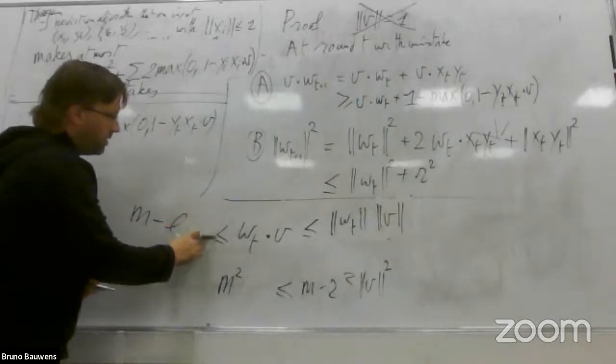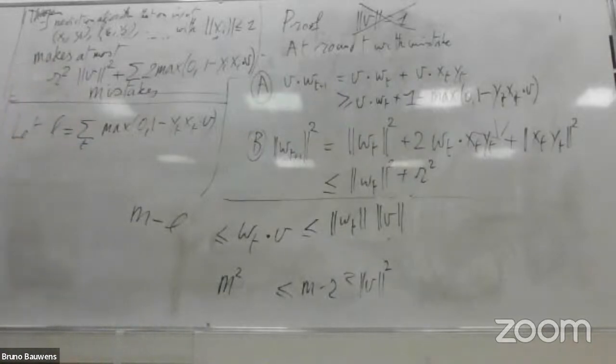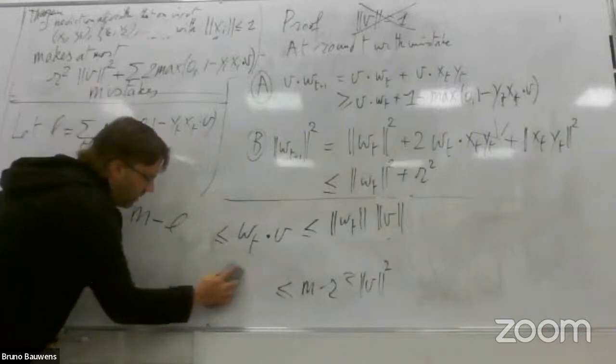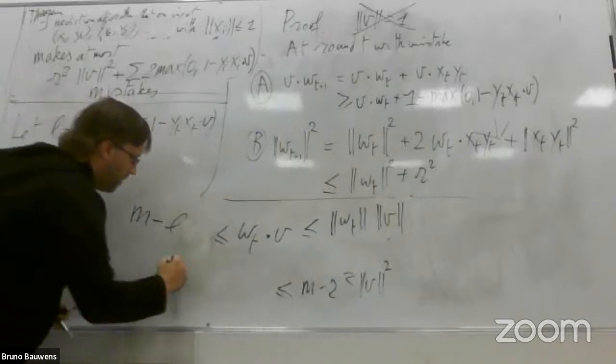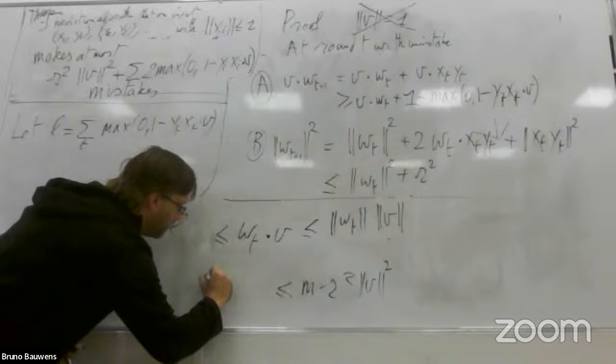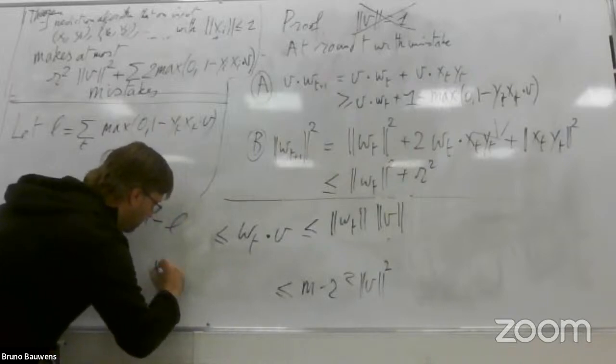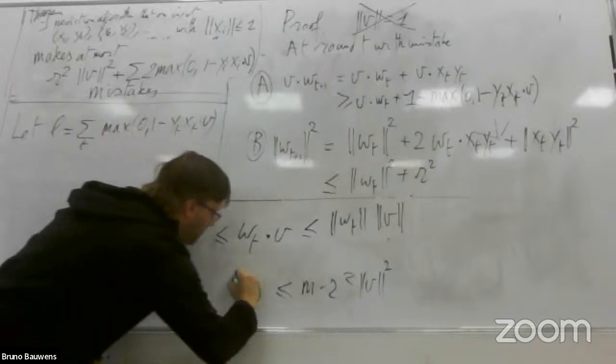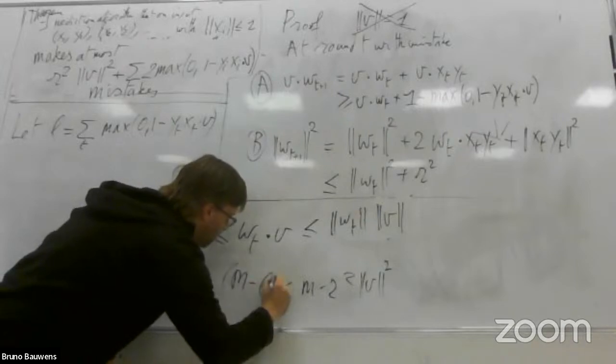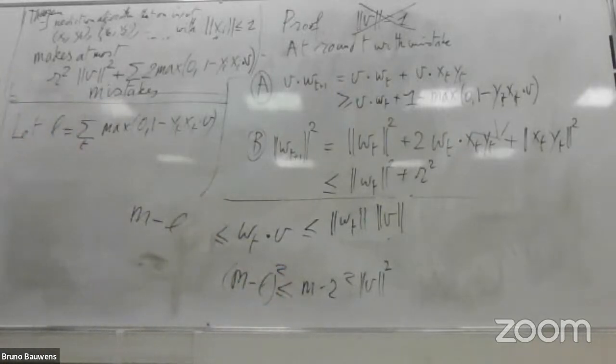And now we follow this thing here. So now we have to compute the square here. So now it's not m squared, but m minus L squared. L squared is smaller than this thing.